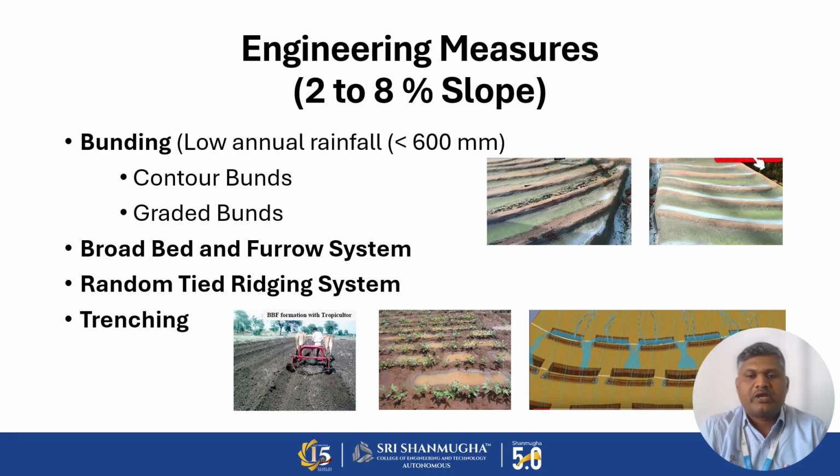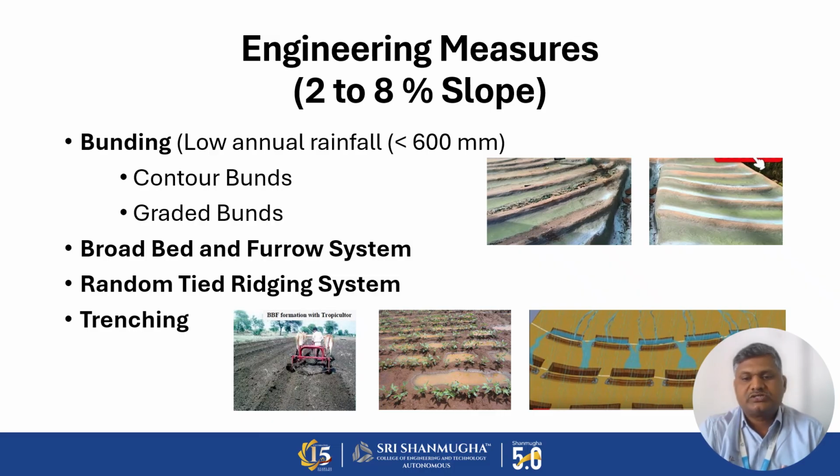Now a comparison: when the land slope is 0 to 2% or a leveled surface, the runoff velocity is less, so we can go with contour cultivation. But as the slope increases, the runoff velocity also increases, so we have to create a bund. That is called contour bund.